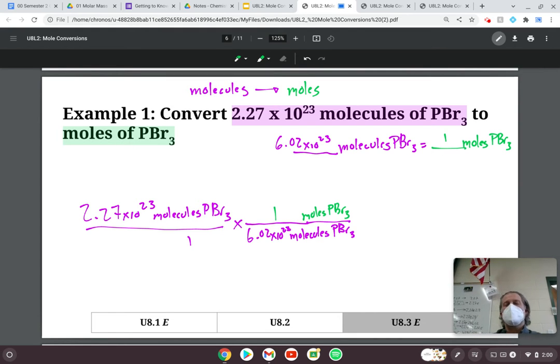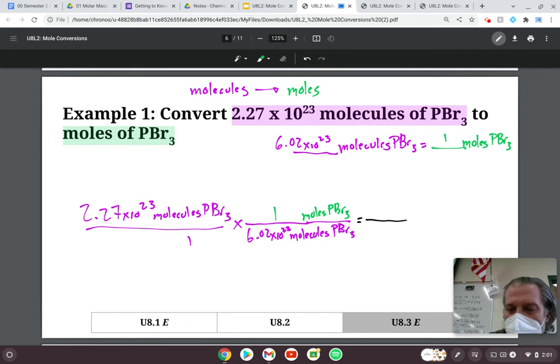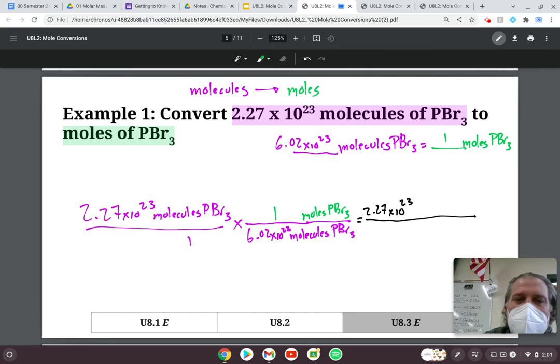Now, I'm not going to do this next part for all the problem examples that we're going to do, but I'm going to do it now just to hopefully illustrate the situation. So what happens here is if we multiply straight across, you get something like 2.27 times 10 to the 23rd times 1, which really ends up being 2.27 times 10 to the 23rd molecules times moles of PBr3.